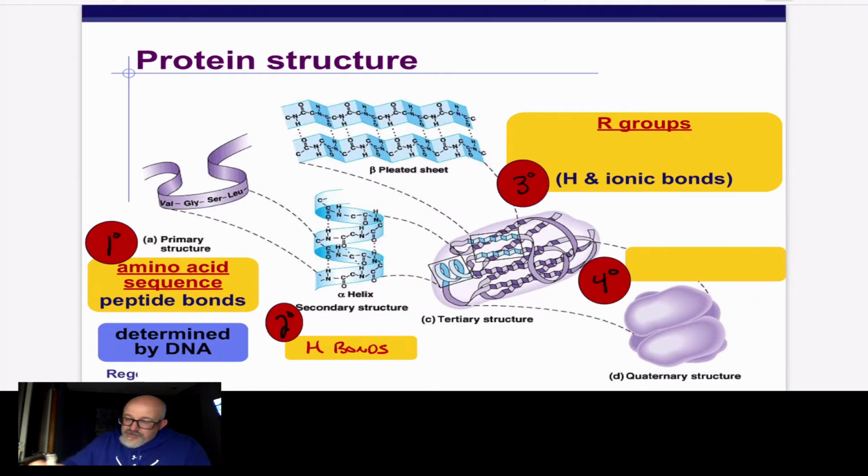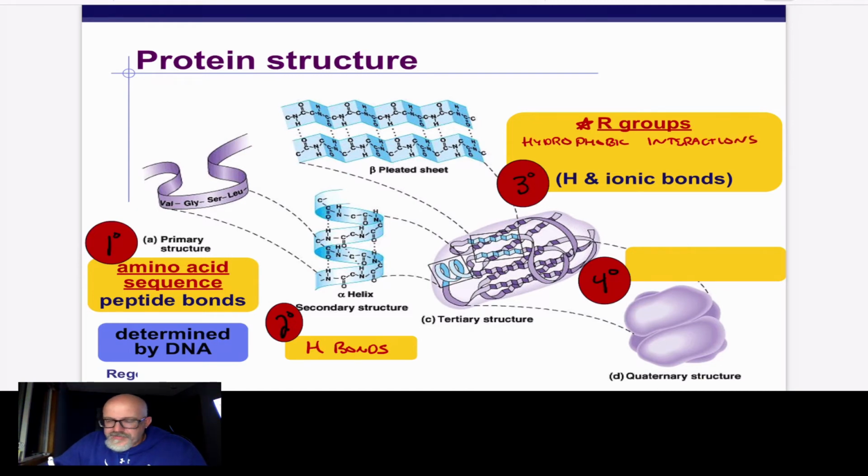Now the tertiary, they are going to be interactions between the R groups, and that is the key with these. So you're going to get some hydrophobic interactions. And again, we're going to play around with this in class to clarify, because this gets pretty detailed.